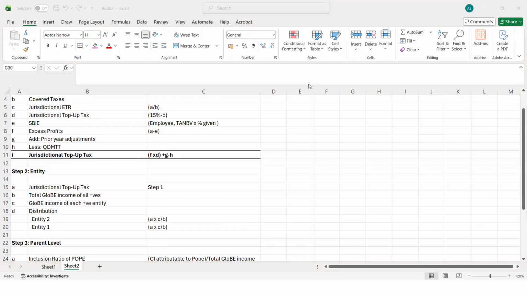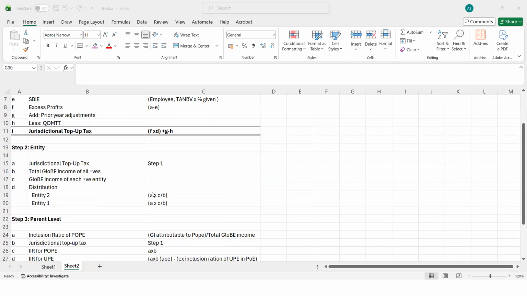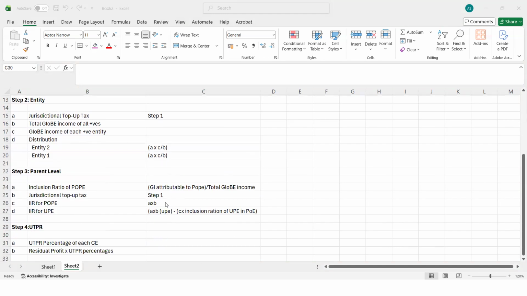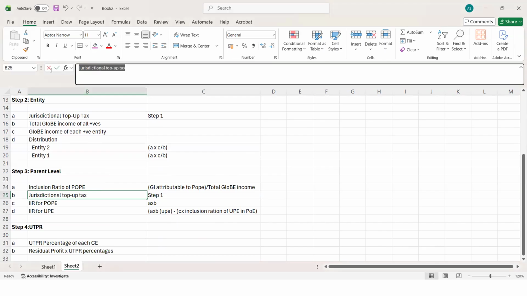Fantastic. Oh, there was a doubt. For parent level calculation, won't we be using the entity level amounts? Yes, absolutely. So that's what I'm saying. Once you find the entity level amounts, you take it to the parent level. So the parent's inclusion ratio and jurisdictional top-up tax I've mentioned to you. Or I can change the word. This is each entity.